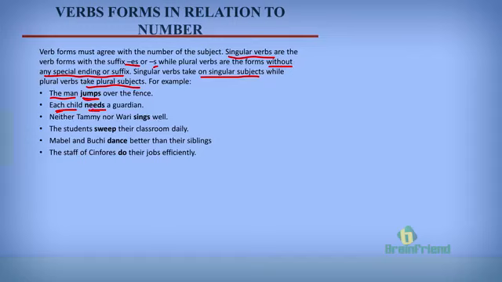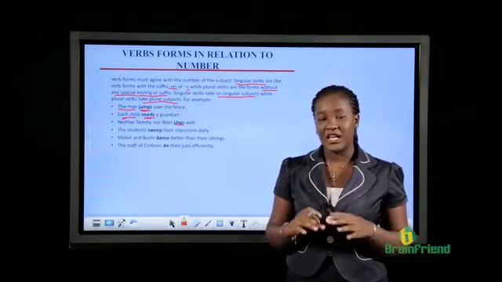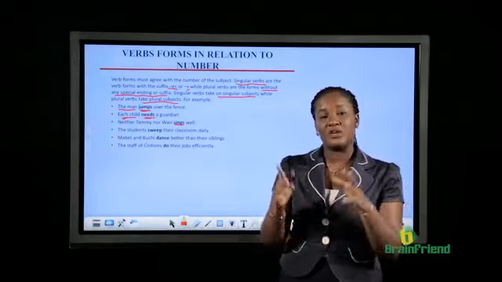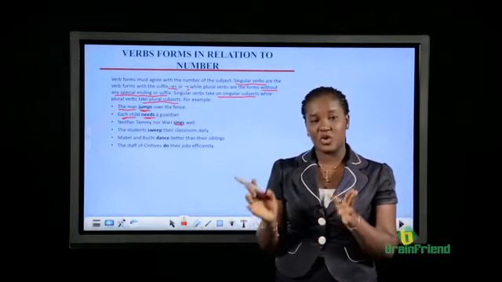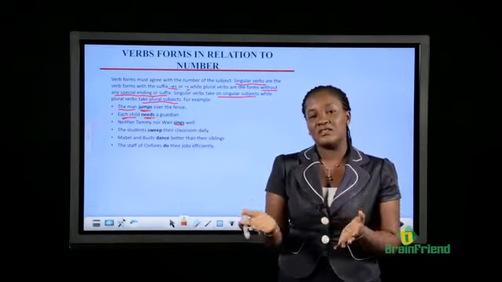Thirdly, neither Tammy nor Wari sings well. Now, when you find two subjects using neither nor, it makes the subject singular. A lot of people get confused and they feel because you mention two people's names, or because there are two people represented there, therefore it is plural.